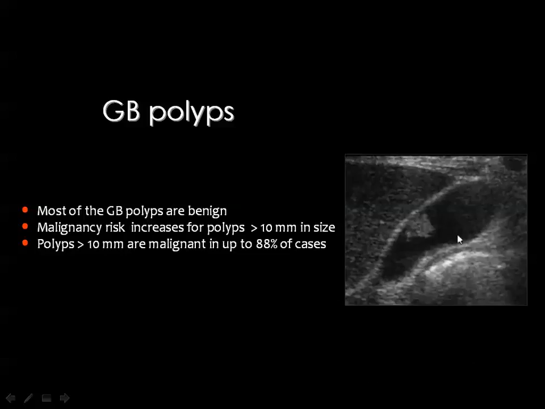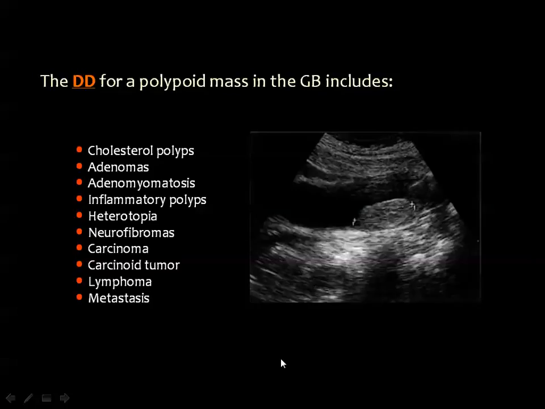Then polyps are non-mobile masses inside the gallbladder. There is no posterior acoustic shadowing to differentiate polyps from stones. Then this is a gallbladder polyp, and you see the lesion with no posterior shadowing.